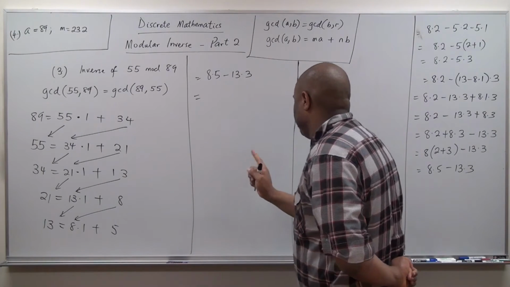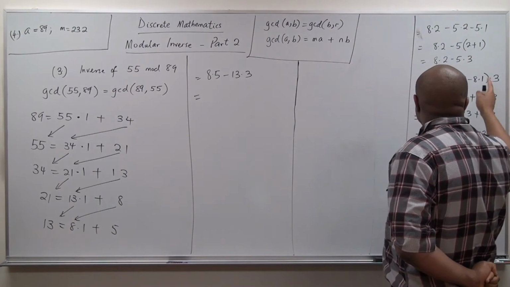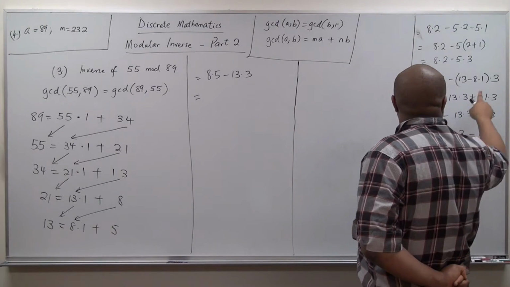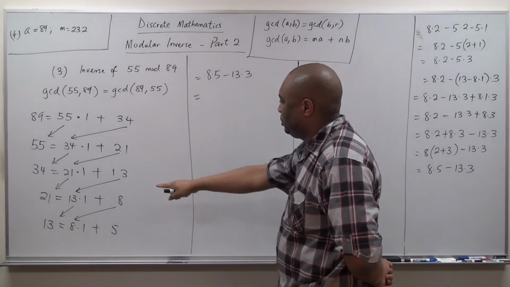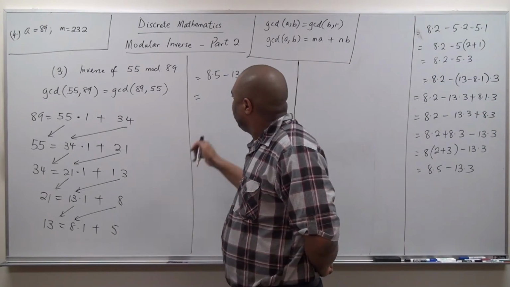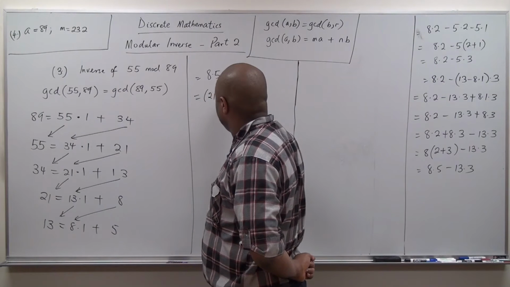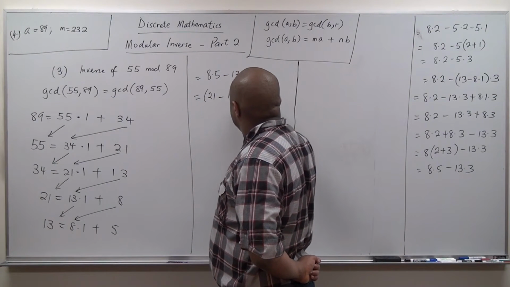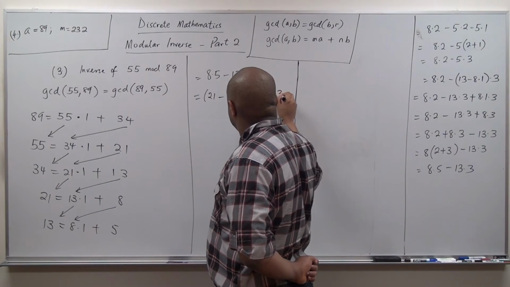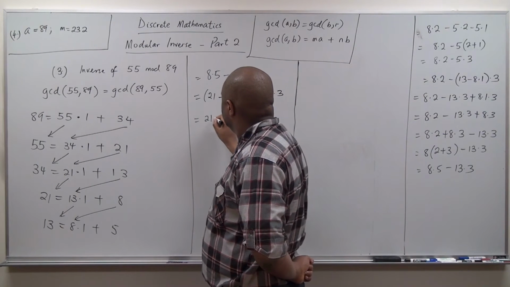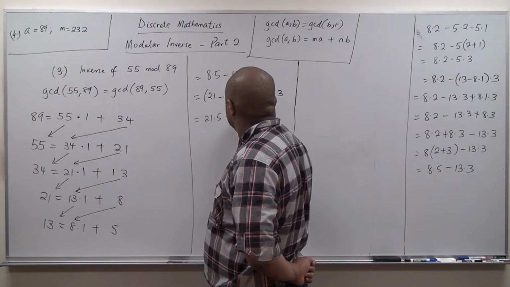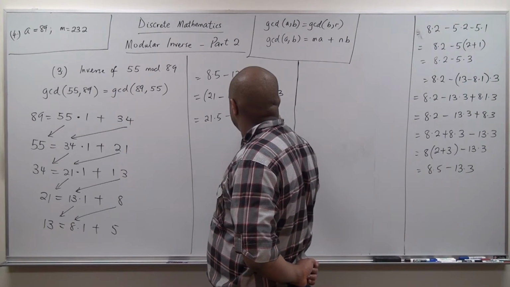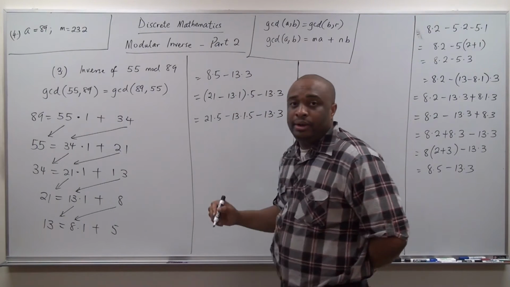Okay, we just solved for 5 to give us 13 minus 8 times 1. So the next thing is we solve for 8 to give us 21 minus 13 times 1, then times 5 minus 13 times 3. And that will give us 21 times 5 minus 13 times 1 times 5 minus 13 times 3. Right?